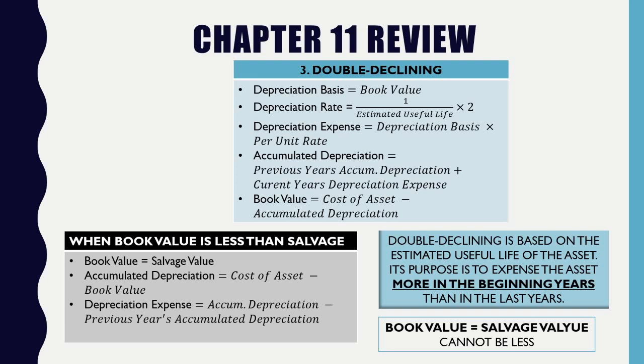11.2. That is the 11.2. Here's the review. Here's the formula for you. And here's a little concept for you as well. When your book value is less than salvage value, this is what you've got to do.